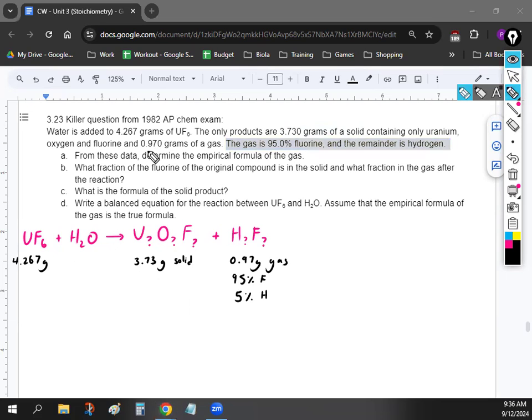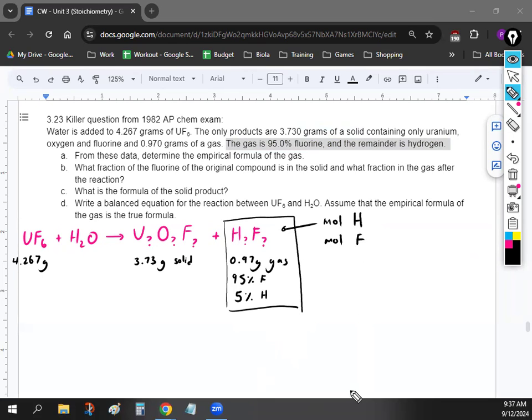So for part A, it's saying from this data, determine the empirical formula of the gas. So we are looking at the gas that is produced, so this right here, okay? Well, the information that we have here is the total mass and the mass percentages. We're looking for the empirical formula. If we're trying to find the empirical formula, what we're trying to find is the moles of hydrogen and the moles of fluorine, right?